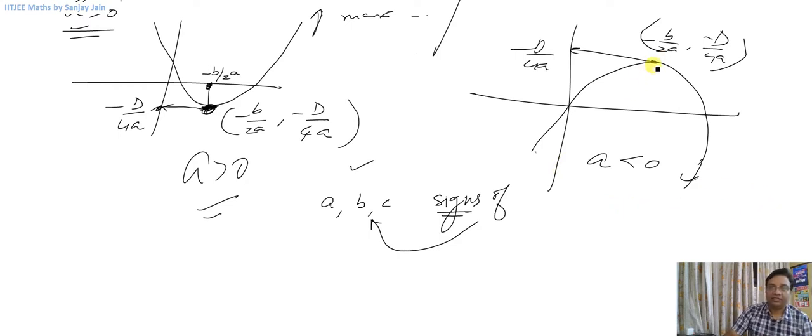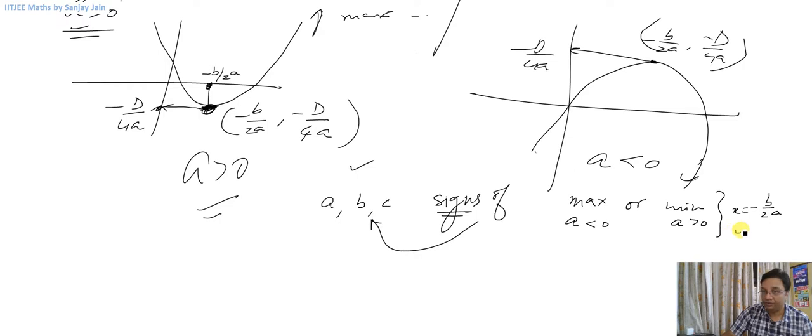We have already seen that a quadratic will have its maximum or minimum value according as A is negative or A is positive, at x equal to minus b by 2a, and the value will be minus d by 4a. The maximum or minimum value, that is the extreme value, will be minus d by 4a and it will be at x equal to minus b by 2a, in both the cases, whether a is less than 0 or greater than 0.